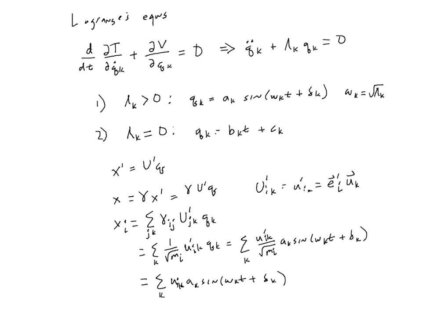So essentially, you just use Lagrange's equation to define the actual motion. And then what comes out of this is that when you calculate this, you'll see how many eigenvalues are 0 and how many are greater than 1.